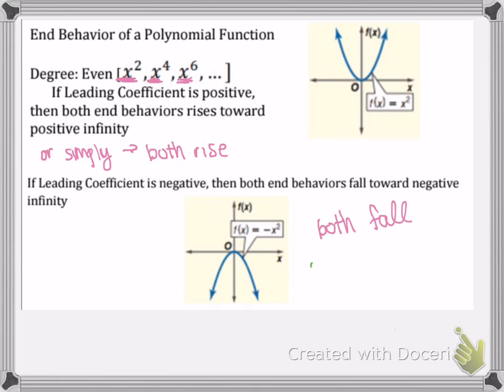An example might be y equals negative 3x to the fourth, whereas up here we could have y equals 5x to the sixth, okay, plus some other stuff. I don't care about all that other stuff. I only care about what's in the beginning of my function.